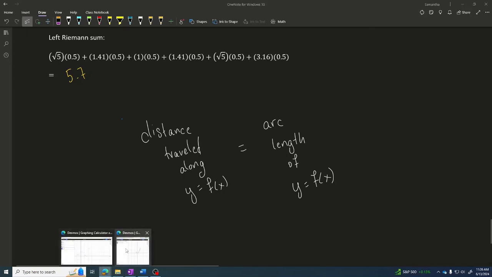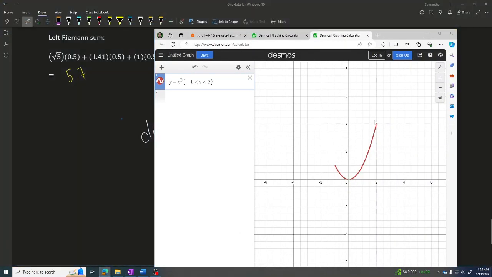Because as we noted, the length of this curve, the length of this arc, is an exact match to the distance traveled by an object that is following this track.